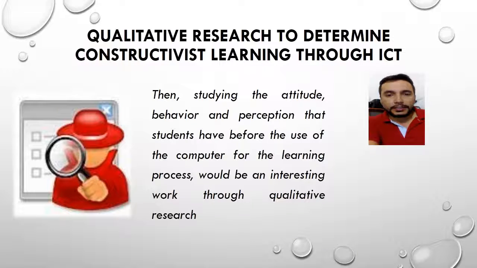Qualitative research to determine constructivist learning through ICT. Studying the aptitude, behavior and perception that the students had before the use of the computer for the learning process would be an interesting work through qualitative research, because it allows interpretation of the attitude that the student has when using these means, where through direct observation the behaviors and the gestures of the student in his activity are recorded in the field.